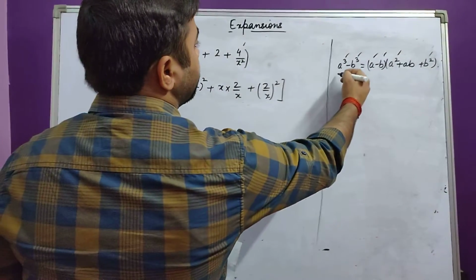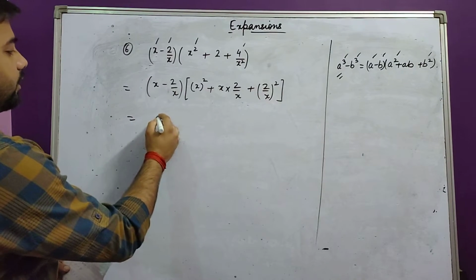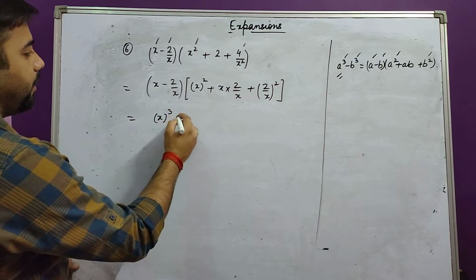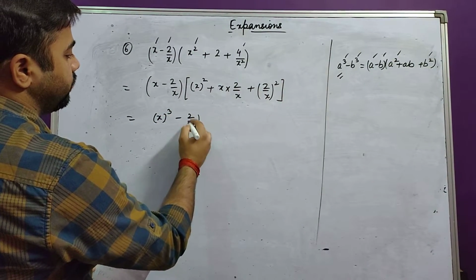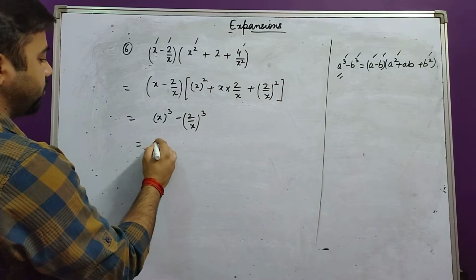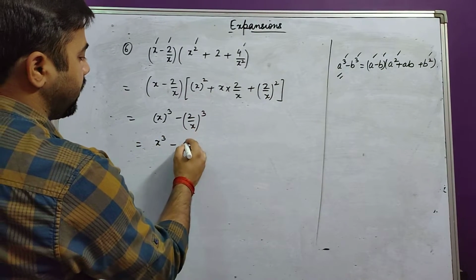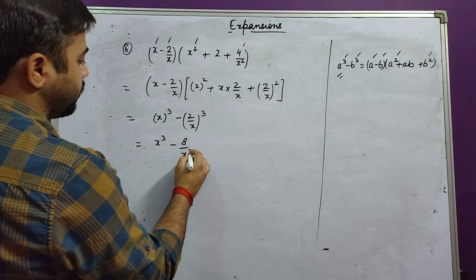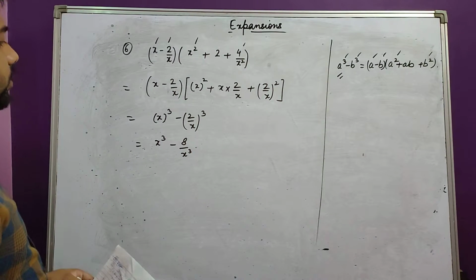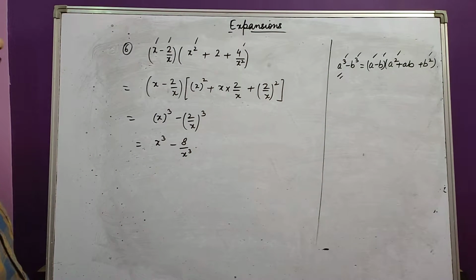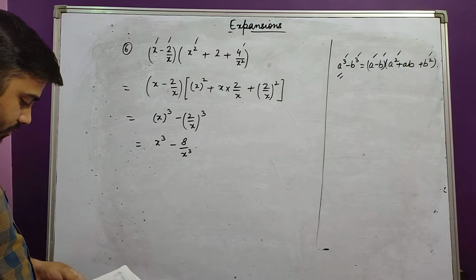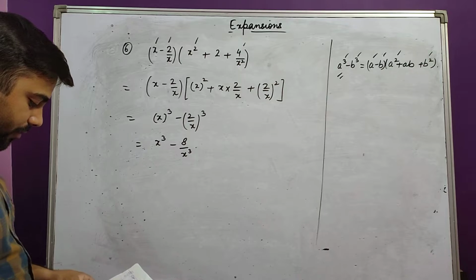It comes out to be a cube minus b cube, that is first term cube minus second term cube. It comes out to be x cube minus 8 by x cube. So this is a simplified expanded form. Let us move on to the next question now.